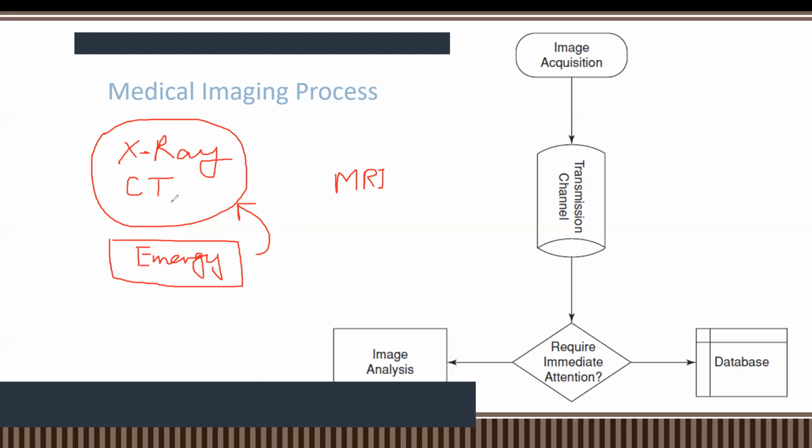These modalities generate the images, and based on the requirement, they are either stored for analysis later on, or they can be primarily displayed for the immediate attention of the expert as well as the attendant. तो ये conditions या cases हो सकते हैं.